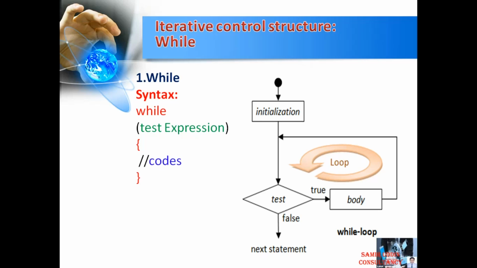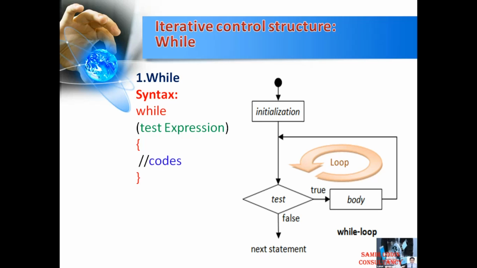And this block of code is called the body of the loop. There is one more thing about while loop: the statement present in while might not be executed at all, and it depends on the test expression.